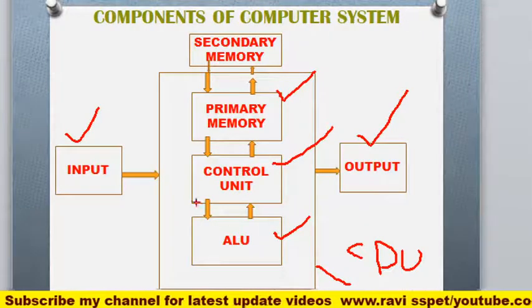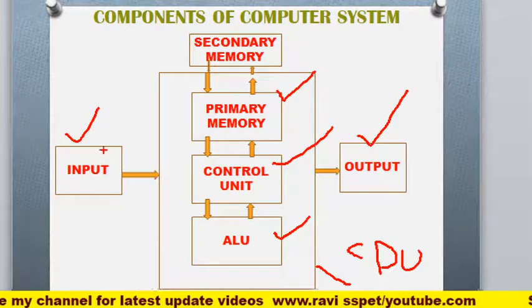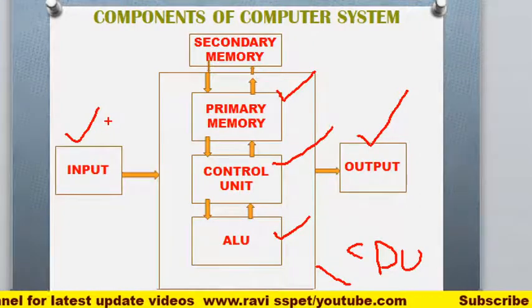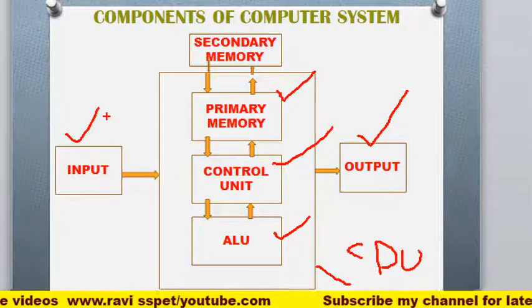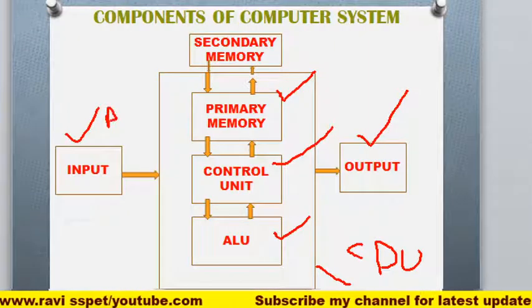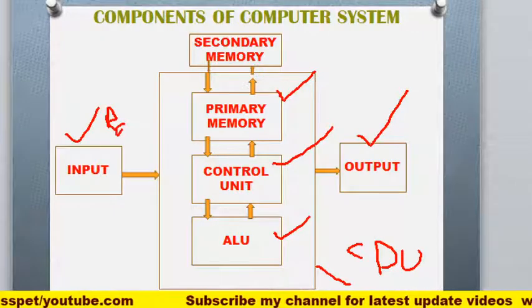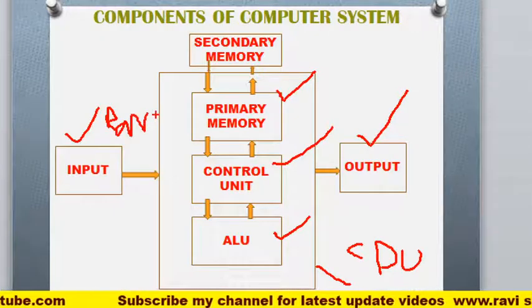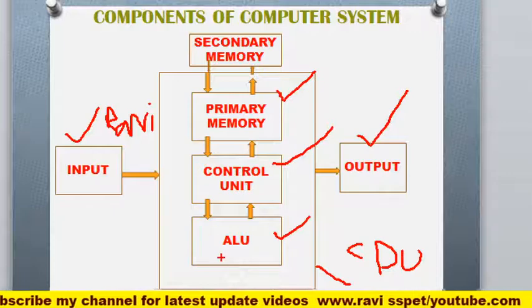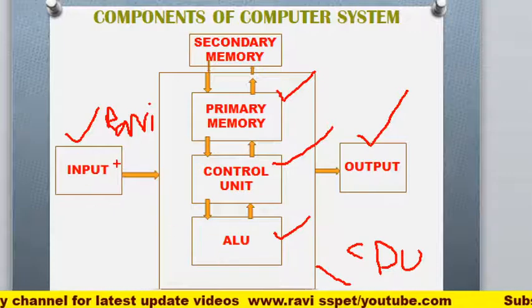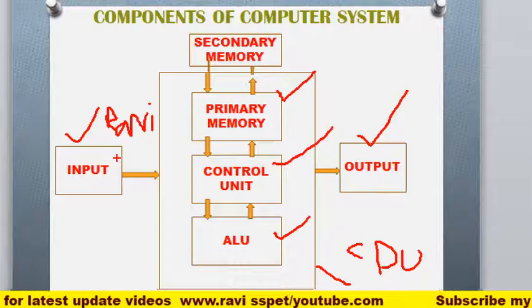Let us see what will exactly happen. For example, suppose I want to type Ravi, that means I am giving Ravi to the computer, to the CPU. So first through the keyboard I have to give it, yes, I am giving RAVI.